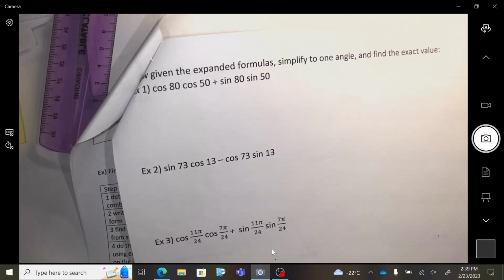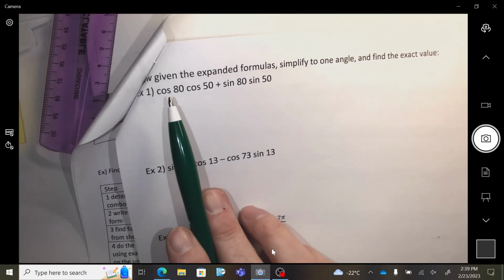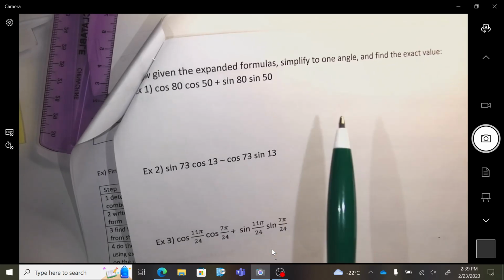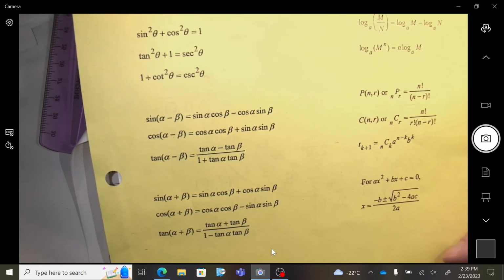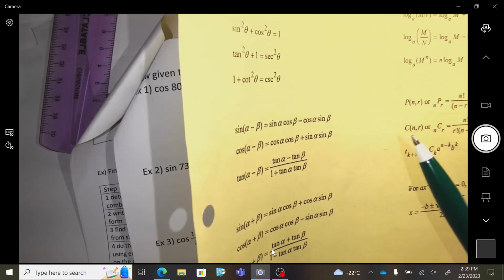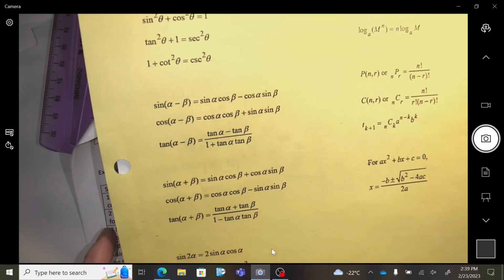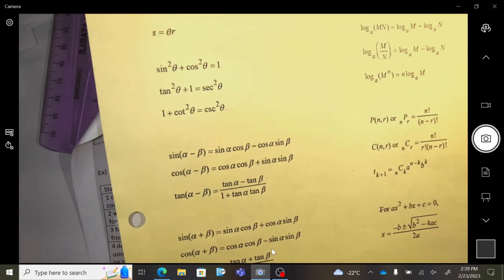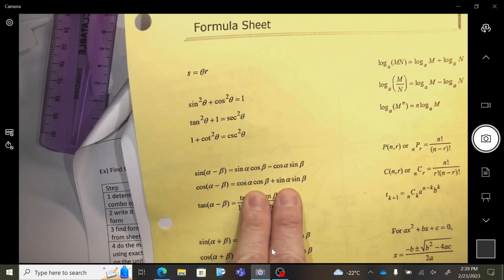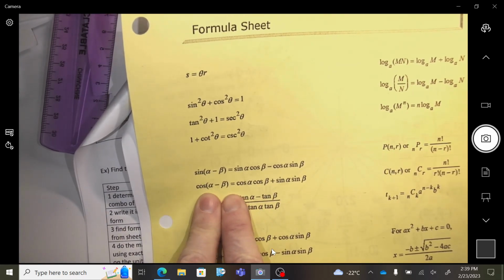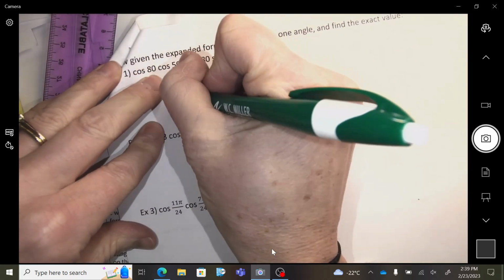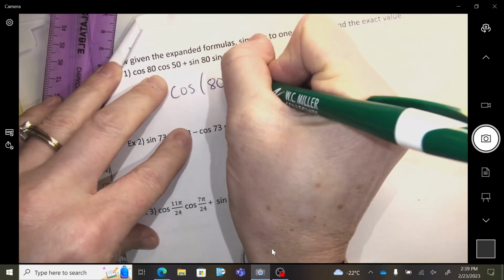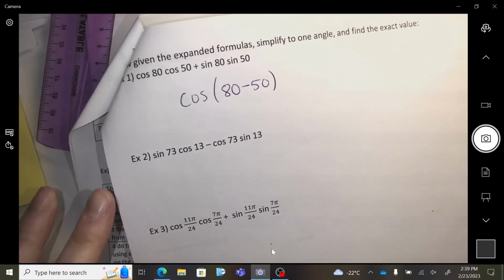Okay, so I expanded something. So this formula says cos, cos plus sine, sine. Can you find me an expanded formula that matches cos, cos plus sine, sine? Cos A minus B. Good. Everybody found cos A minus B? So then I'm going to go, what is the cos of A minus B?